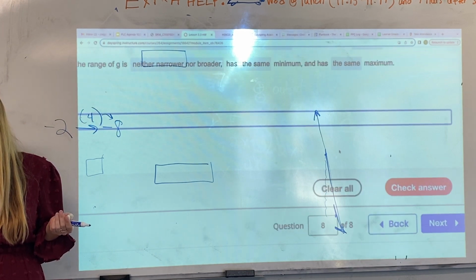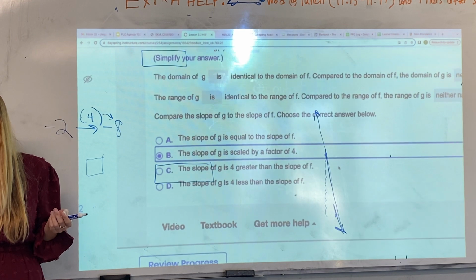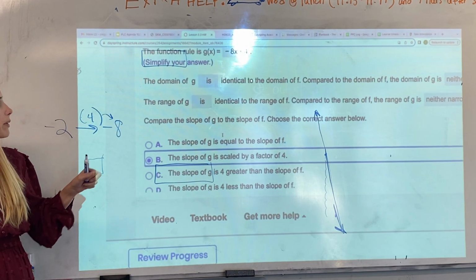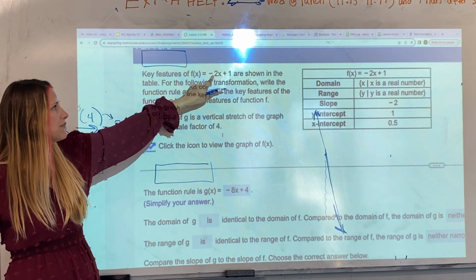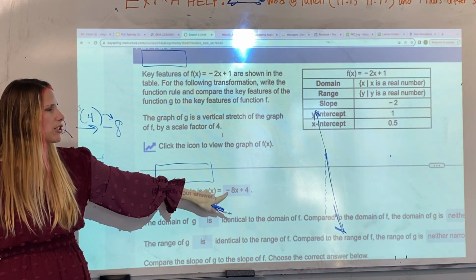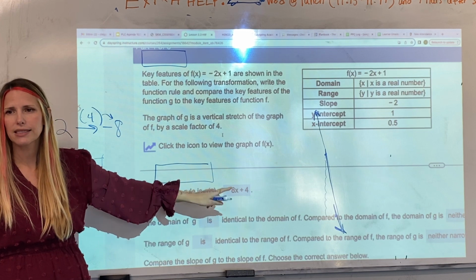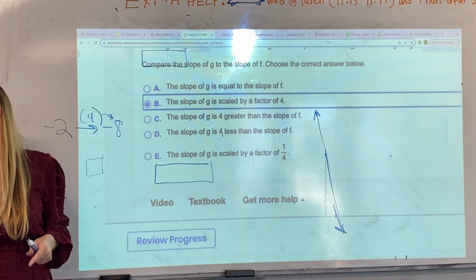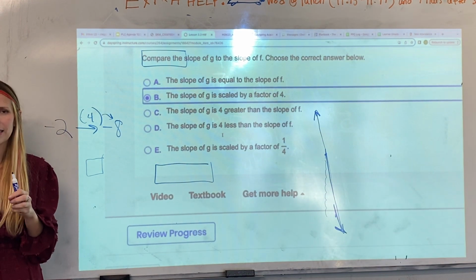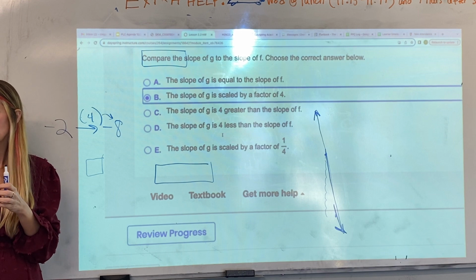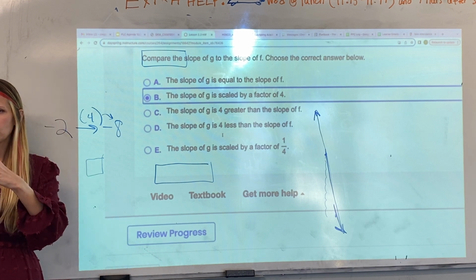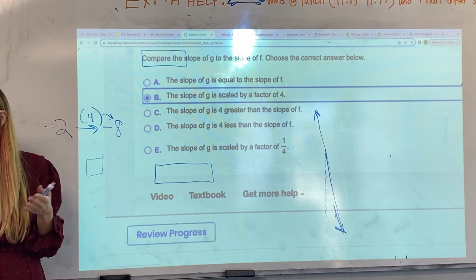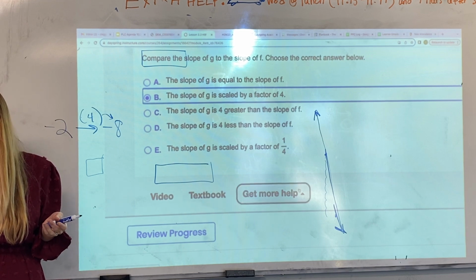Are we good on that? You have the same numbers, right? Yeah. So I know you want to say, oh, you just subtract 6, but it wasn't subtraction because we had to multiply the whole thing times 4. So it was scaled by a factor of 4. Scaled just means it was changed, either increased or decreased, by multiplication by either a whole number or a fraction. In this case, it was a whole number.